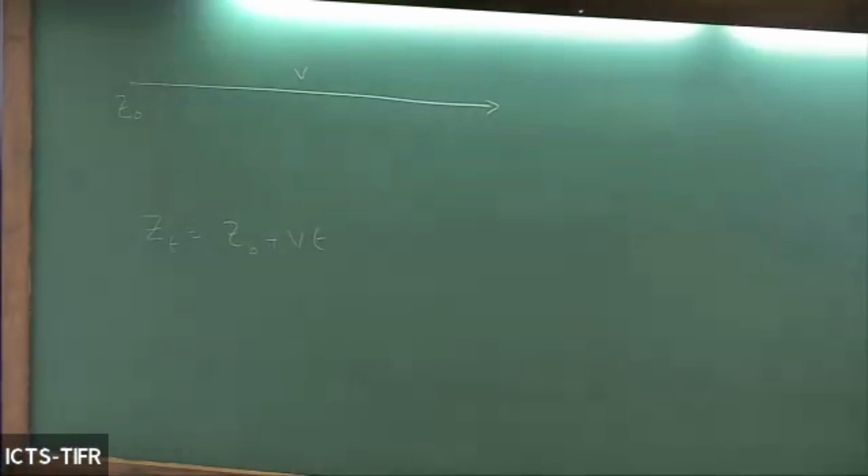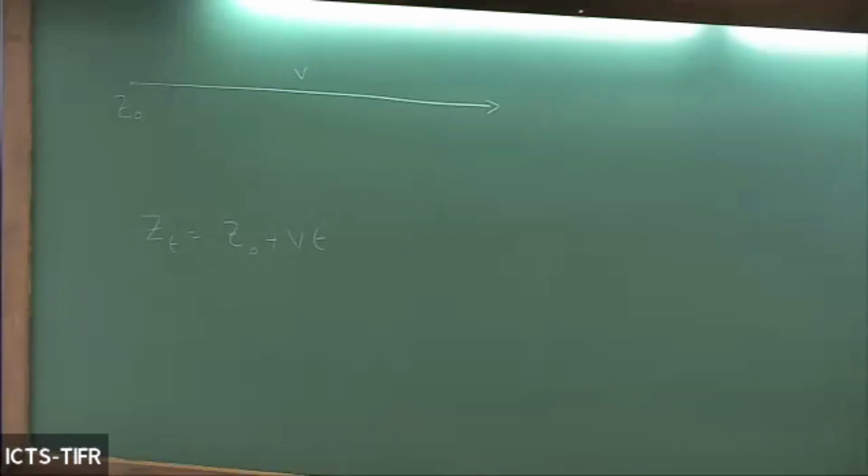The distance traveled in time t, traveling at a constant velocity, starting at the point z0, z(t) is equal to z0 plus vt. So this is the mathematical model that represents the motion of a particle moving in a straight line at a constant velocity.